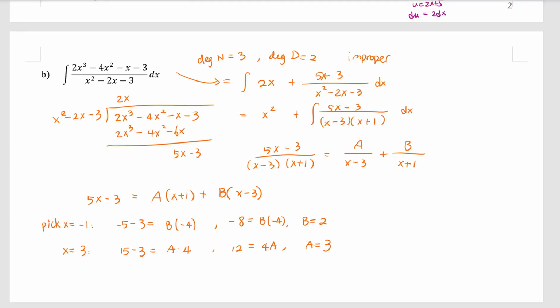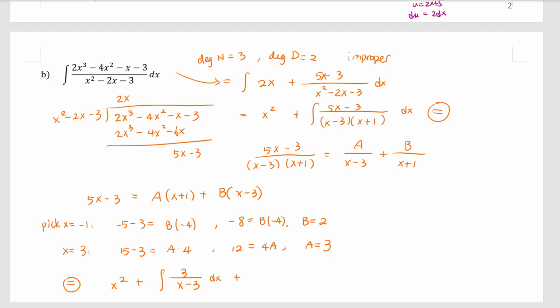Okay, so finally the integral equals, I just put this symbol because I want to say this is what I want to continue to write. So this equals x squared plus, okay, the integral, a is 3.